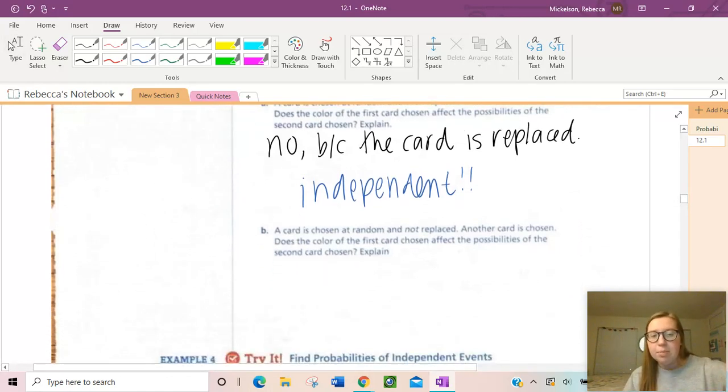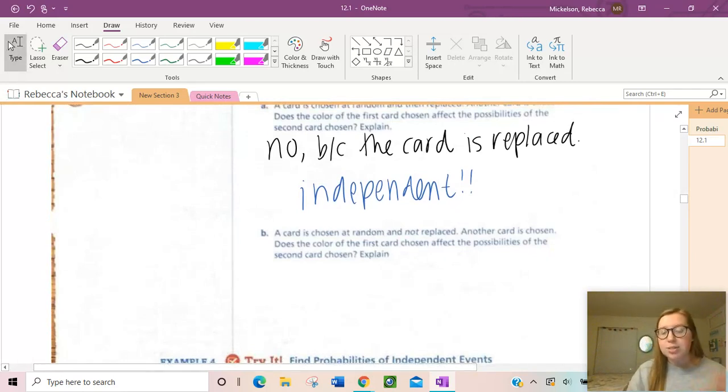But if we look at part B, here it says a card is chosen at random and is not replaced. Another card is chosen. Does the color of the first card chosen affect the probabilities of the second card? So this time, we're not putting the card back in the pile, we're keeping it out. So how is that going to affect my probability? Well, first of all, it affects the sample space.